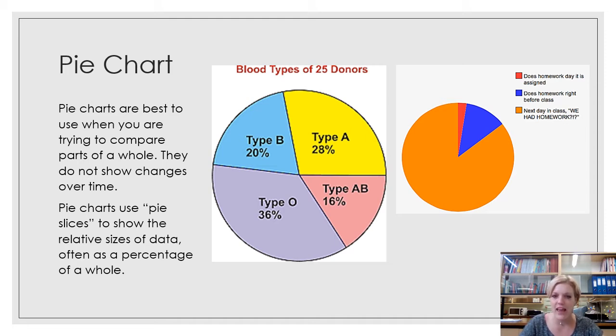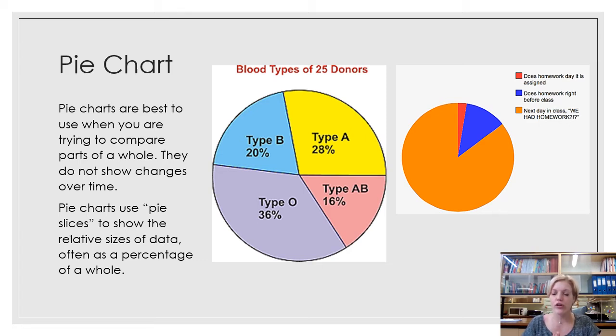So what it's done there, it's broken down 100%, and it's saying 20% was type B, 28% was type A, and each of them has a different color. So this is nice when you're looking at parts of a whole. The slices show the percentage of 100%.